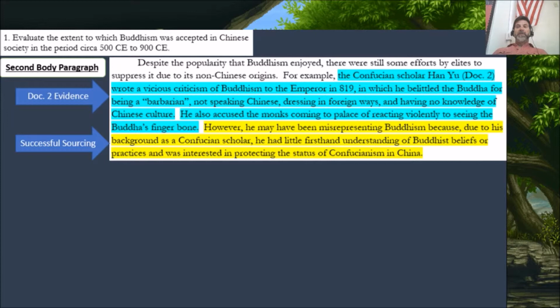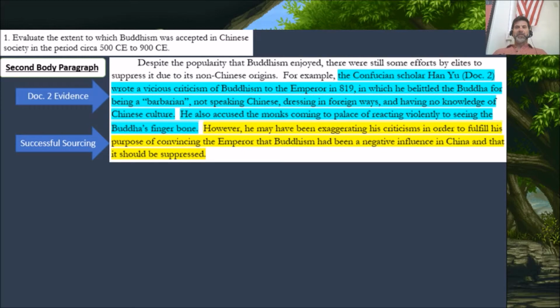However, he may have been misrepresenting Buddhism because, due to his background as a Confucian scholar, he had little first-hand understanding of Buddhist beliefs or practices and was interested in protecting the status of Confucianism in China. That's a much better example of sourcing, because once again, it's taking that leap from just, who was this guy, to why was that important? Why was that a thing we need to discuss in order to better understand the document?